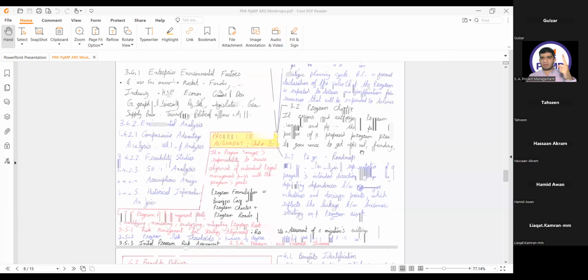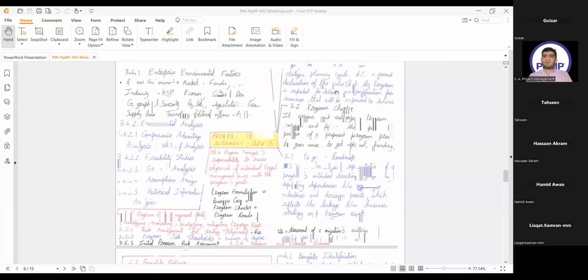Authorization and purpose of program, scope, timing, which means milestones, stakeholders, high level benefits and high level risks, and success factors. Right. Yes, program charter had success factors and program business case had success criteria. This was the difference.